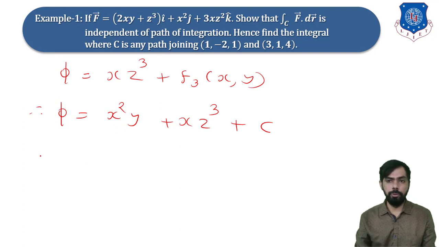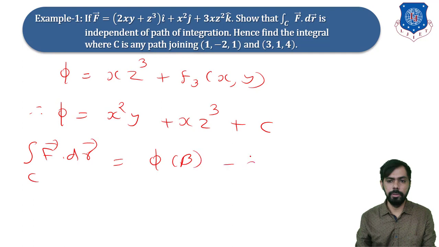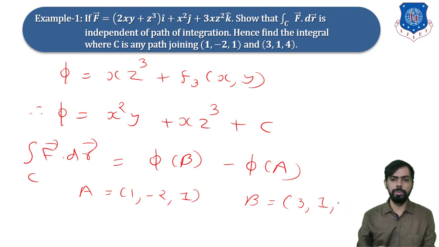Now as we have to find the line integral of F dot dr, that is equal to phi b minus phi a. Here a is the initial point, that is (1, -2, 1), and b is the final point, that is (3, 1, 4). First of all, we put x equal to 3, y equal to 1 and z equal to 4 in the scalar potential, then minus we put x equal to 1, y equal to -2 and z equal to 1.